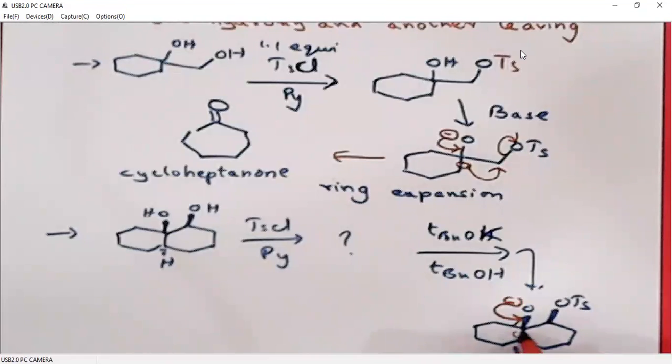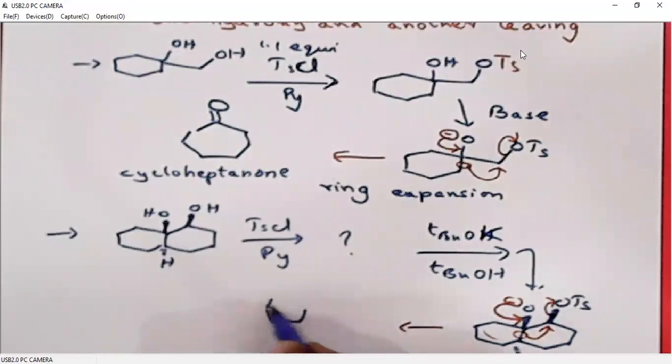Now this bond will migrate, and OTs will be leaving. So it is a disproportionation. On one side we have ring expansion, on the other side ring contraction. So obviously it is a 5-membered and 7-membered ring fusion, and the carbonyl is in the 7-membered ring.